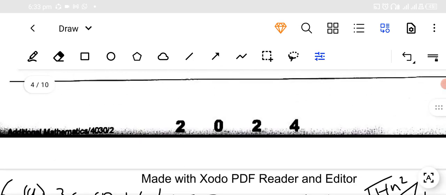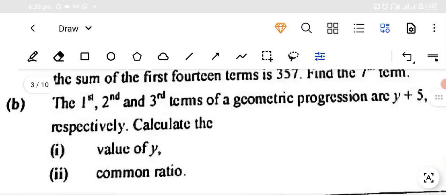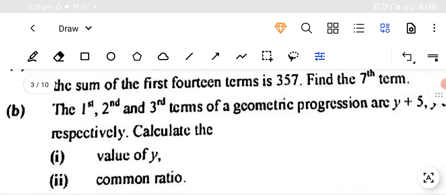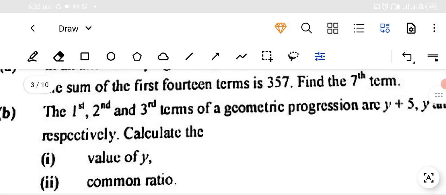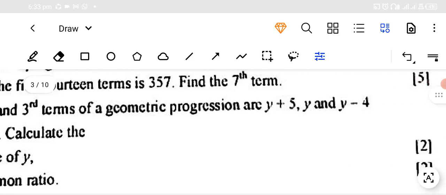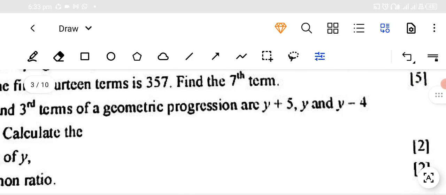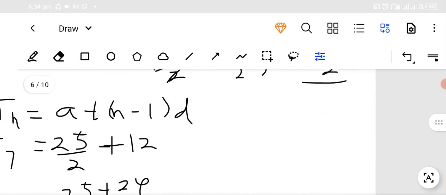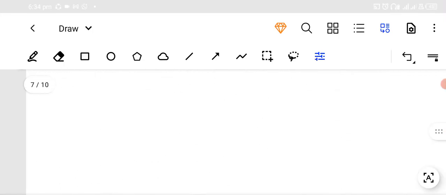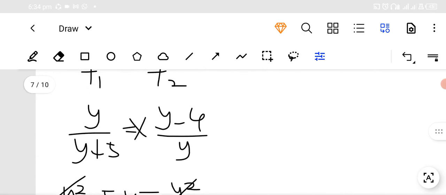If you go back, let's just confirm one more thing. It was a geometric progression, so you say y divided by y plus 5 is equal to y minus 4 divided by y.